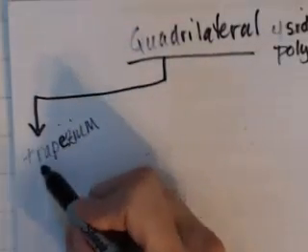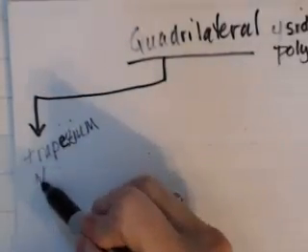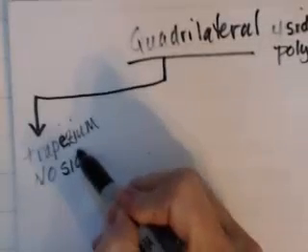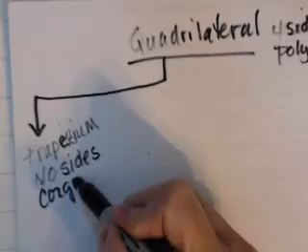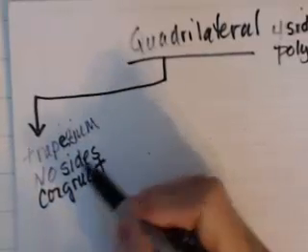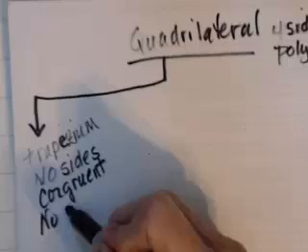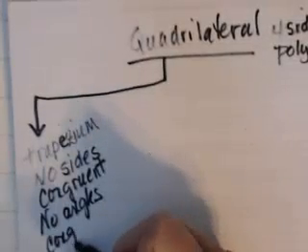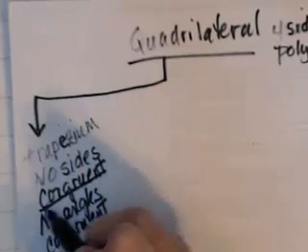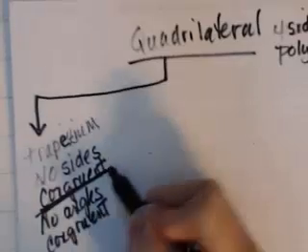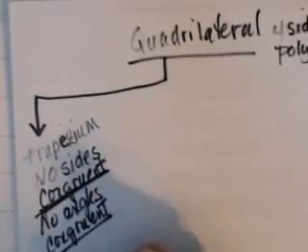What makes a trapezium is that it has no sides congruent, and it has no angles congruent. And it has no parallel sides.